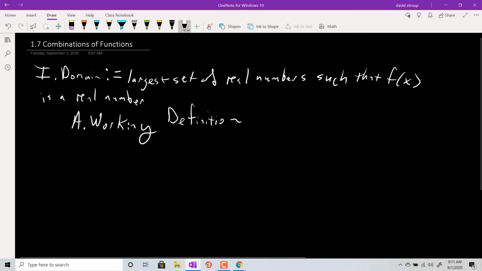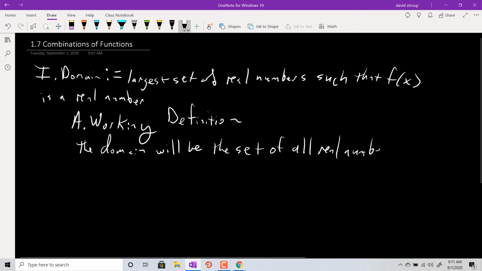And the working definition then is the domain will be the set of all real numbers. So basically, any number you can think of will work. And then you kind of chip away at it, right? You say except when you have the following kind of issues.